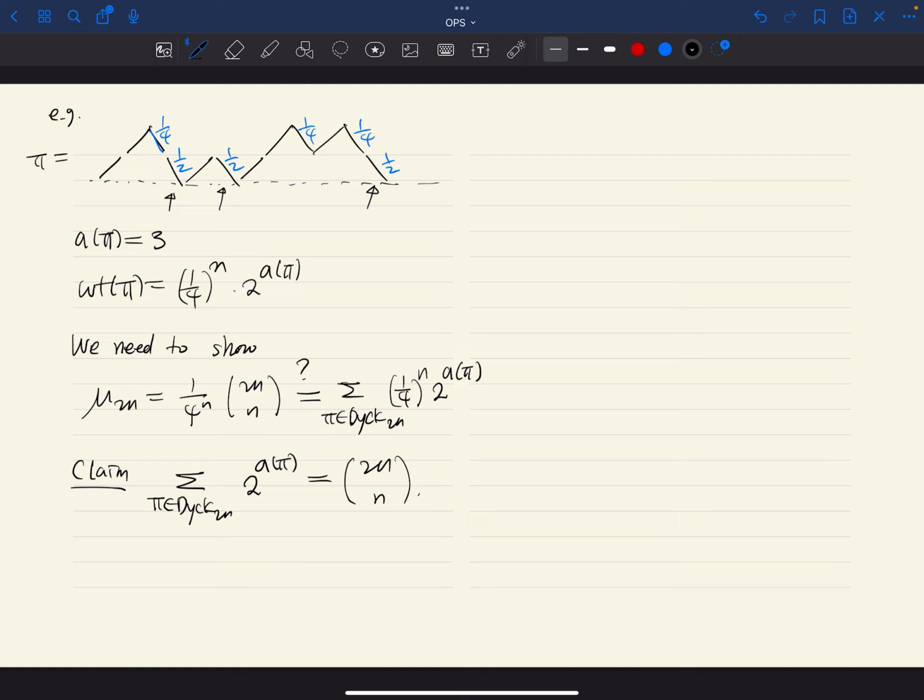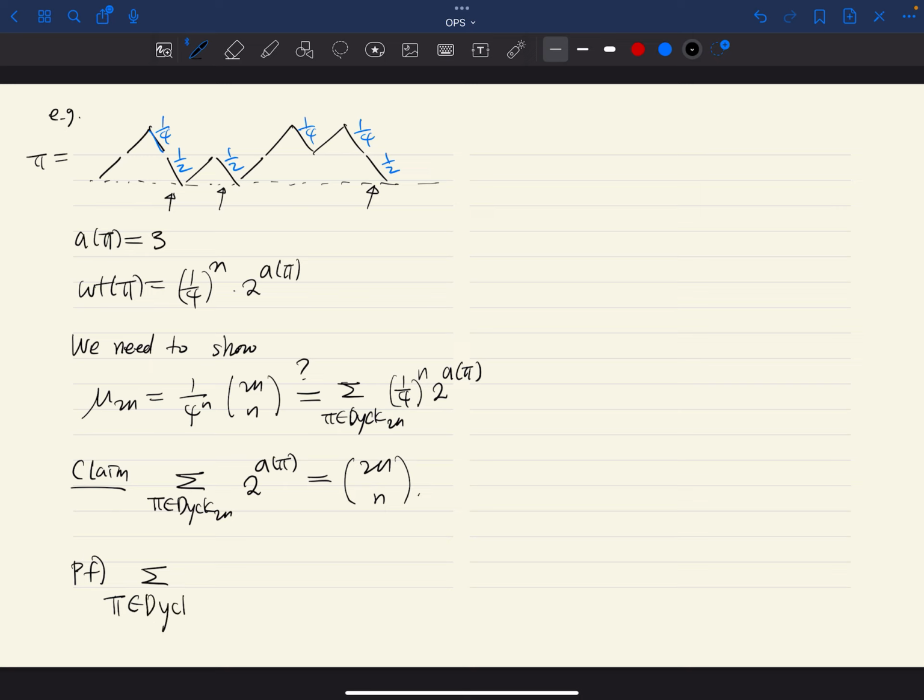But there is a nice trick. When we see things like this, 2 to the something, that means for every down step touching the x-axis, we have 2 choices. We can understand it in this way. We have 2 choices for this, 2 choices for this, and 2 choices for this. And for each choice, let's say that we either color this red or not. So proof.